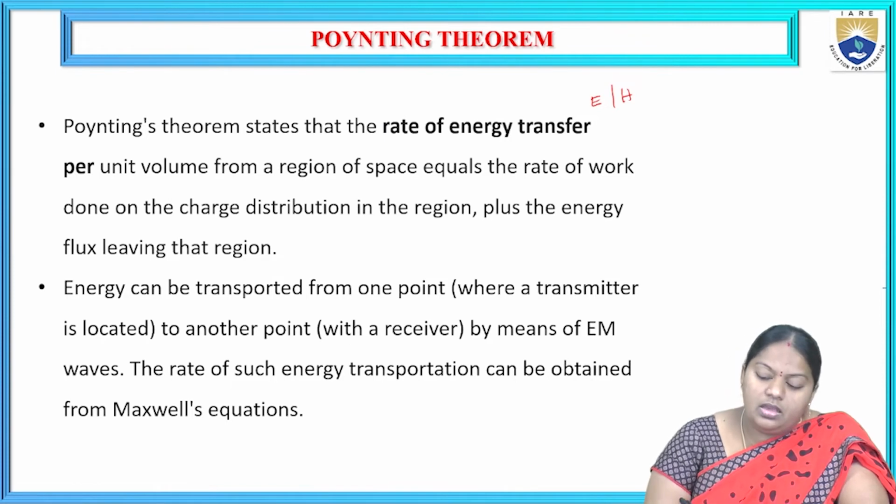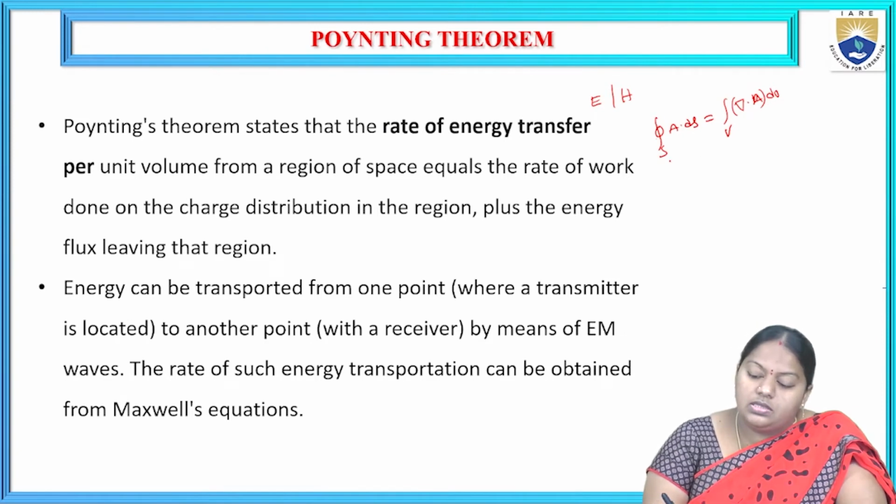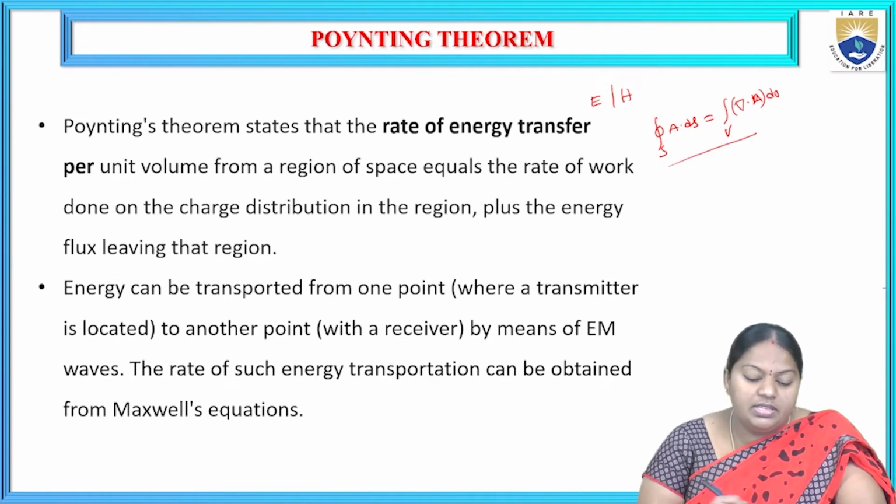As we know, the closed surface integral of A dot ds is equal to the volume integral of del dot A dv, right? So this gives us the divergence theorem.